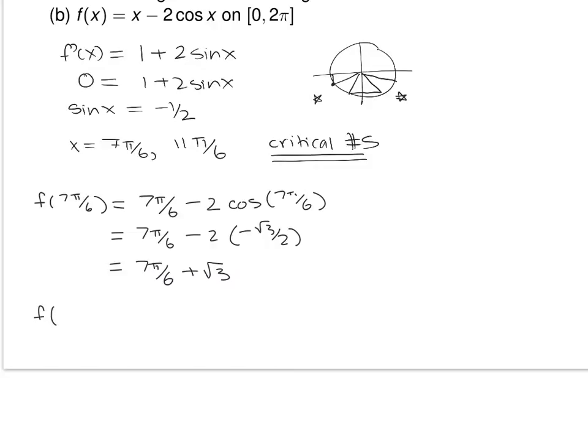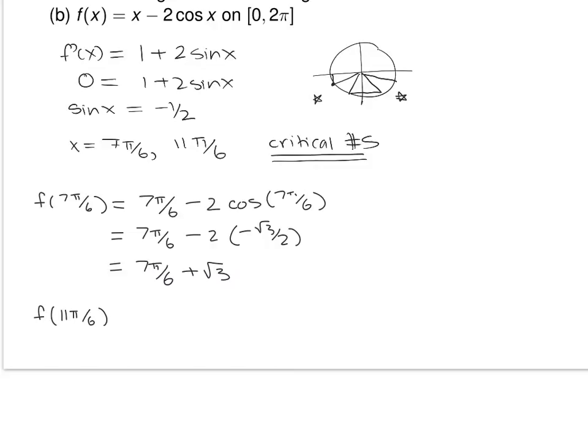Okay, let's do 11 pi 6. You might have to get a calculator to estimate it, but for now, that's what we're going to leave it as. If WebAssign didn't ask for a rounded answer, it's going to want that answer anyway. So that's our y, right there. Your y is what you get when you plug in your x.